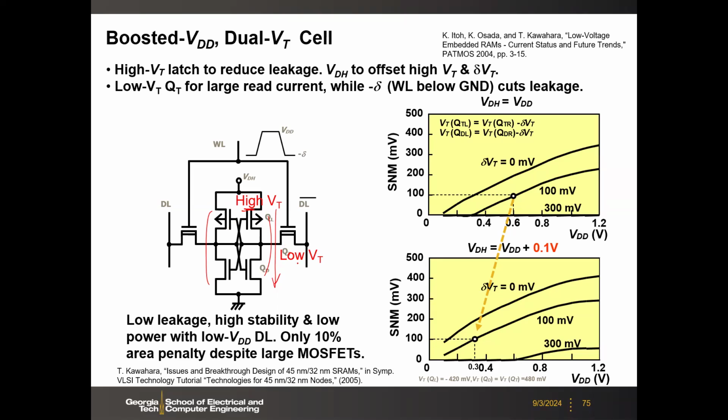And then for the pass gate, because you want to access the data fast during the read or write, you use some normal low VT transistor there. So here are some plot to show that if you do that, then you can improve the noise margin and also reduce the leakage.